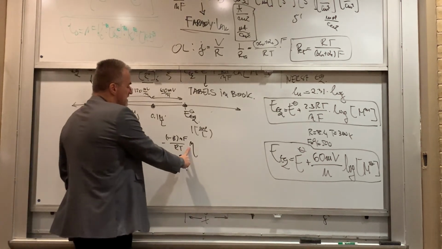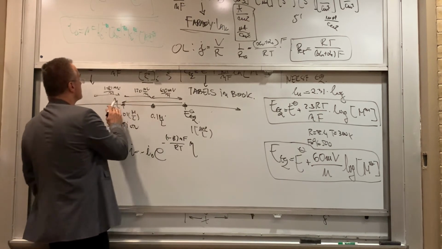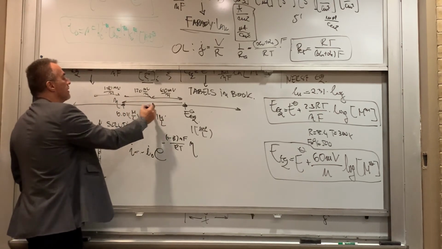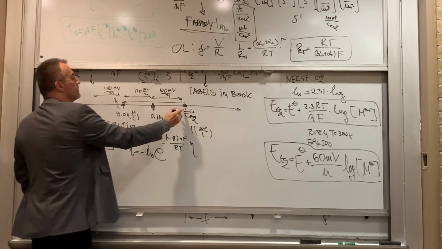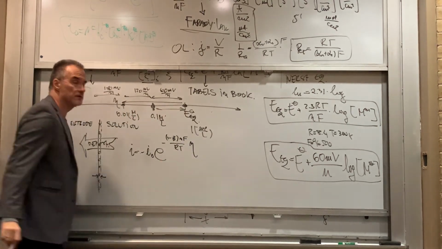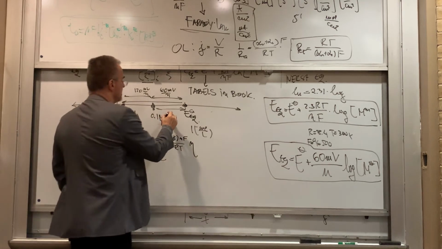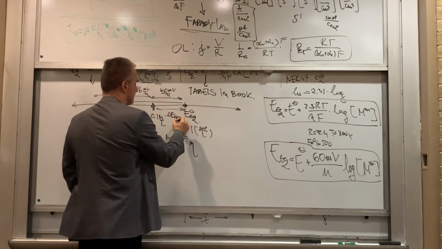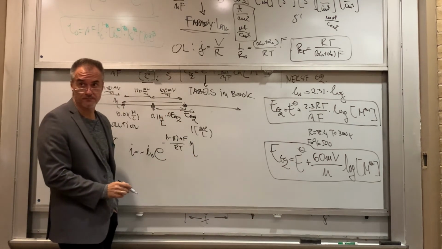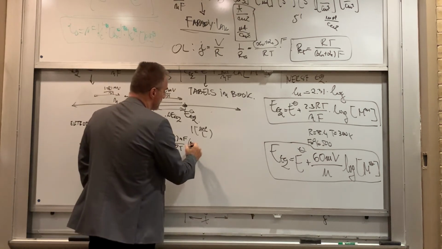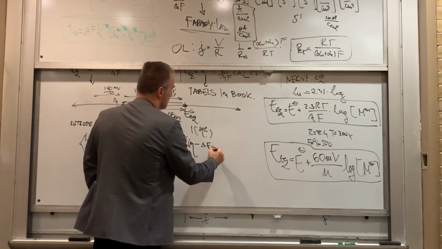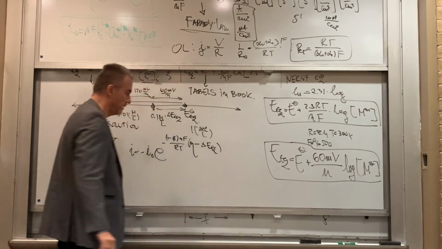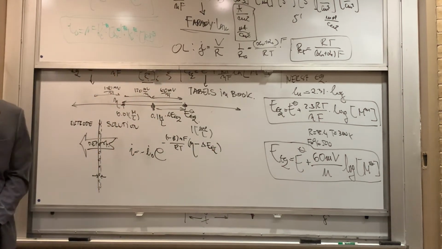So that means that my effective overpotential is reduced by this value here. I'm going to call this delta E equilibrium, right? So my effective overpotential is equal to eta minus delta E equilibrium, okay? Do you guys see that?